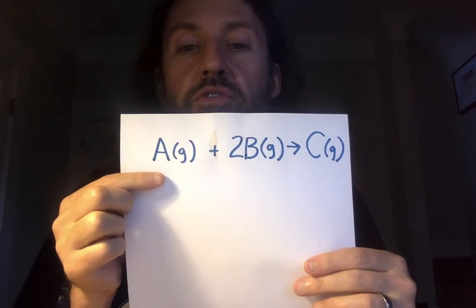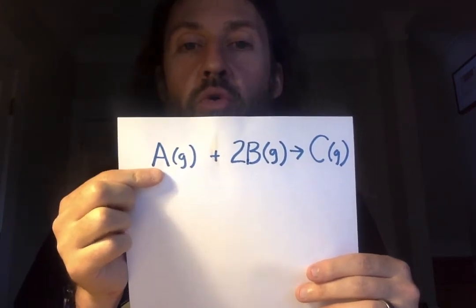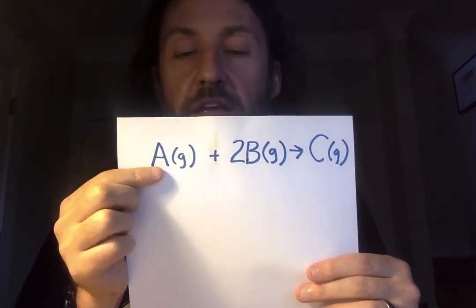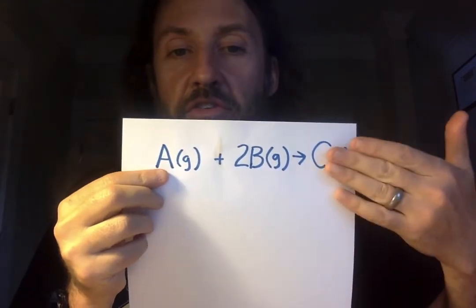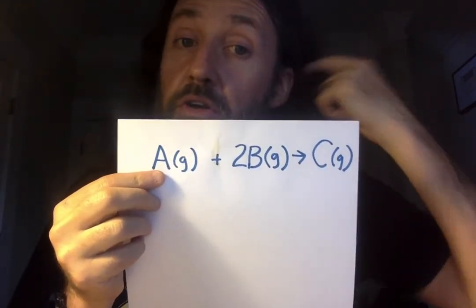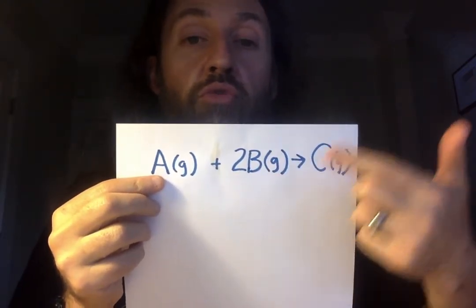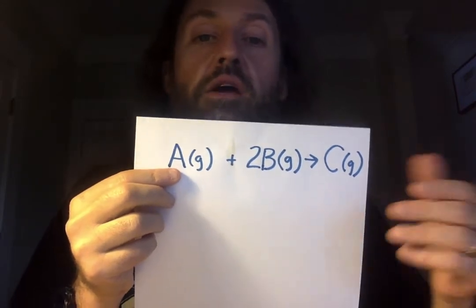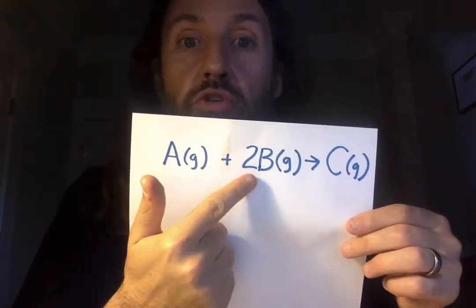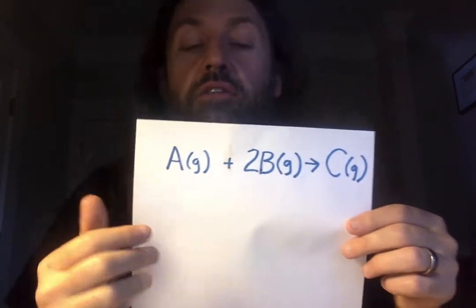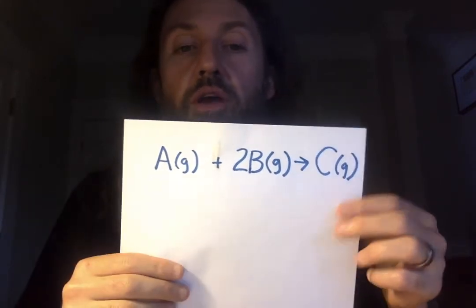So if you're losing 1 mole per second of A as the reaction shifts to products, you're going to be losing 2 moles per second of B because you need 2B, so it's going to look like it's happening twice as fast.